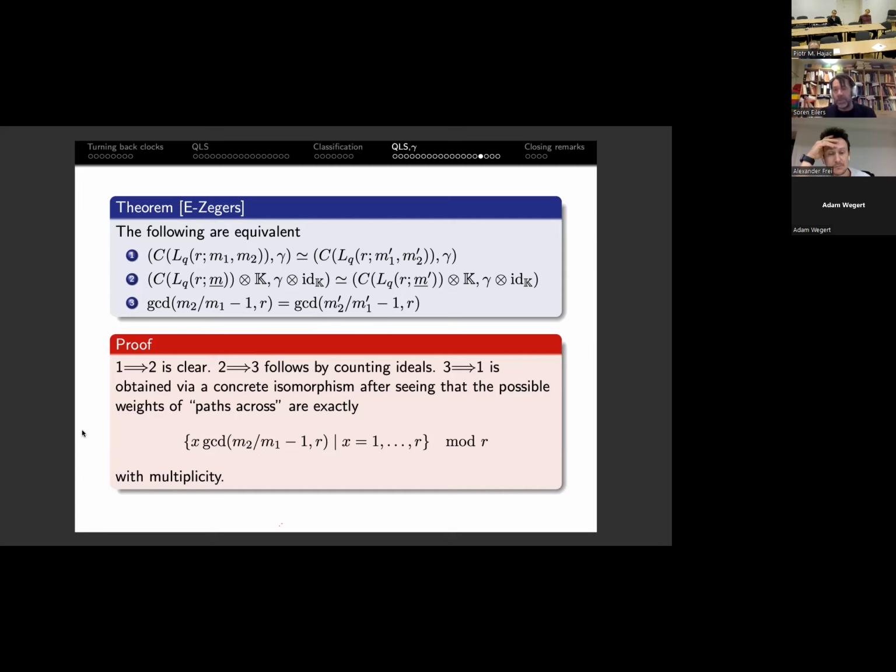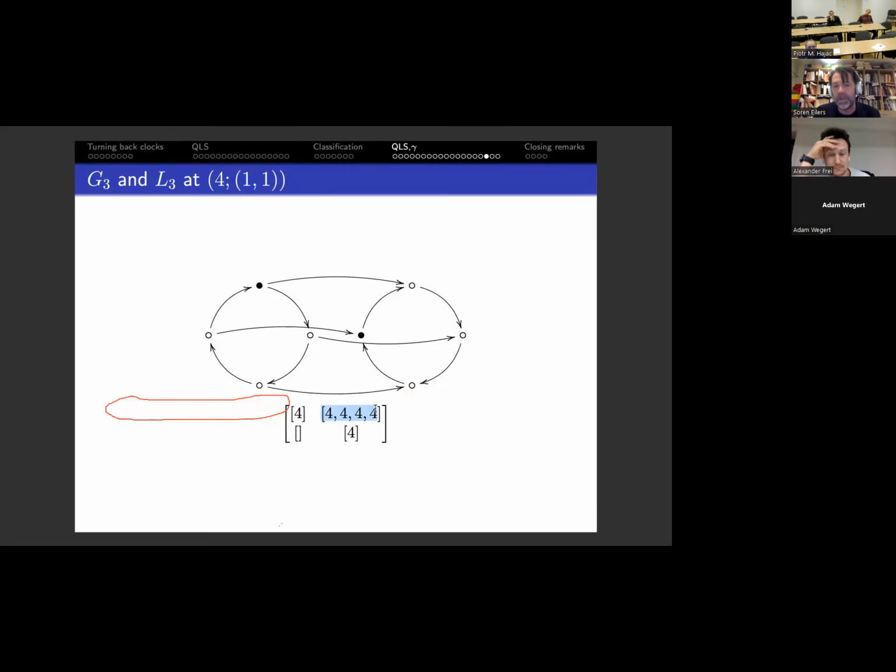Sorry, yes? What do you mean by weights of paths? Weights of paths, yeah. So this is in my notation here, where I'm putting the weights on when I make the compressed path, then the weight is the length of these paths that were compressed.